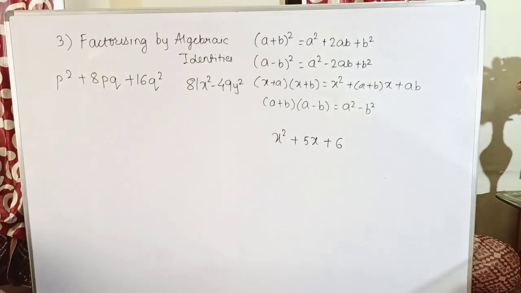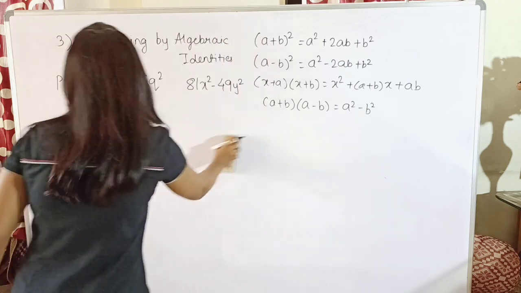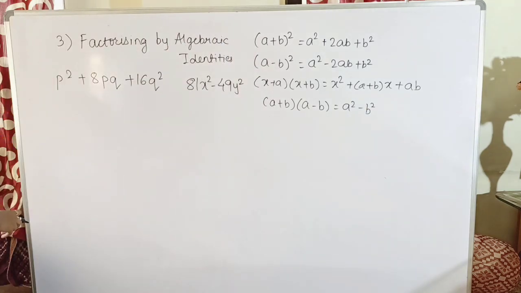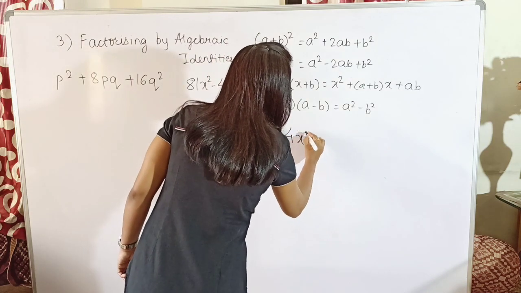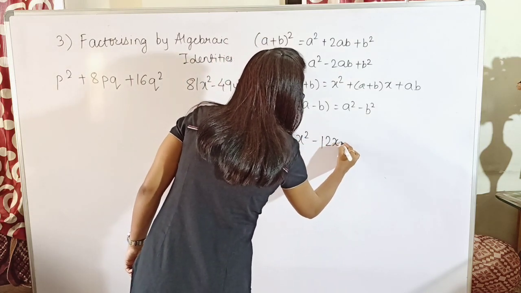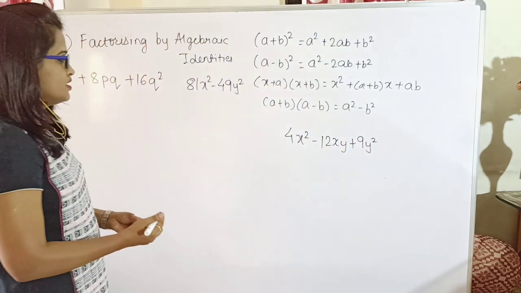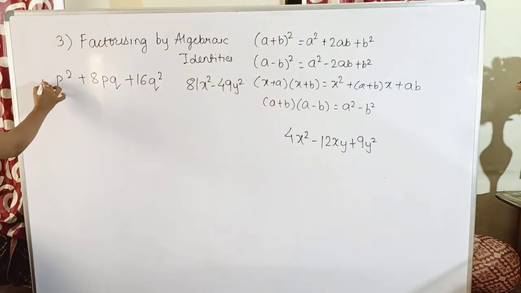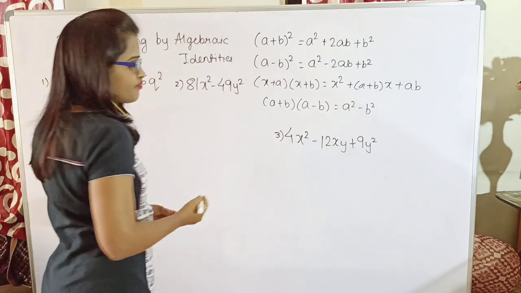Or we cannot use that because then we have to make use of splitting the middle term. Instead of that, let us take another example: 4x square minus 12xy plus 9y square. Now I have written 3 examples here and you have to factorize them.